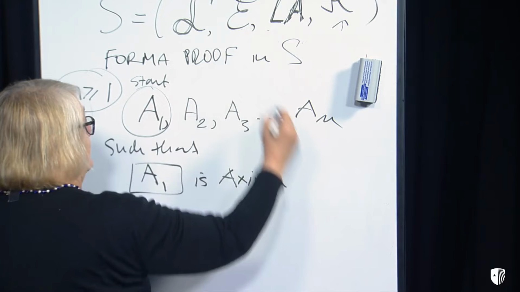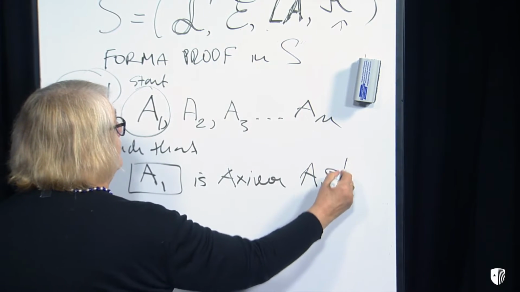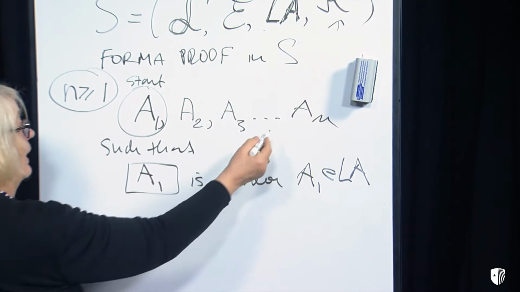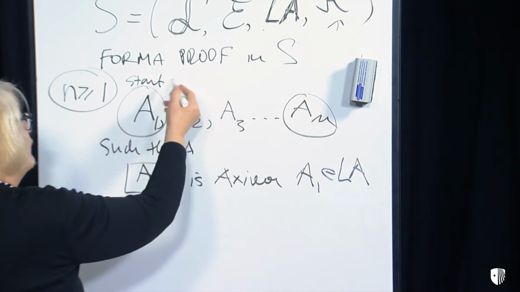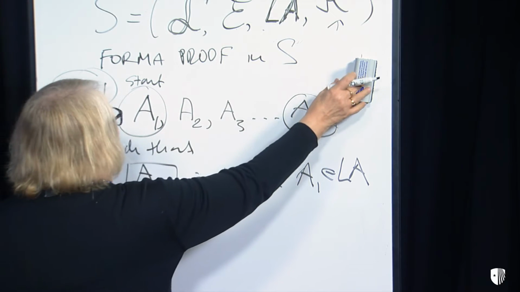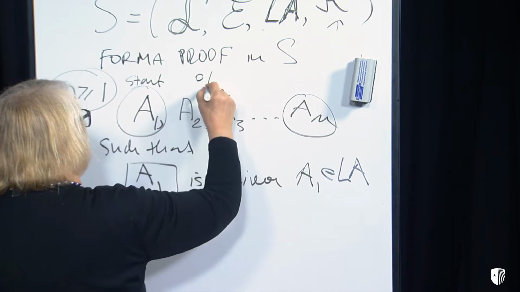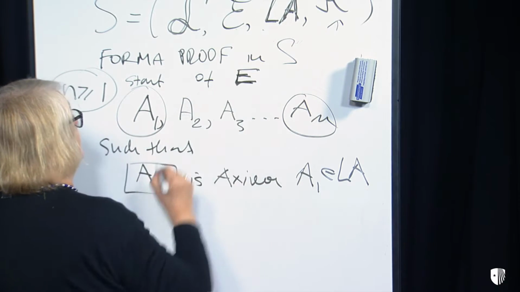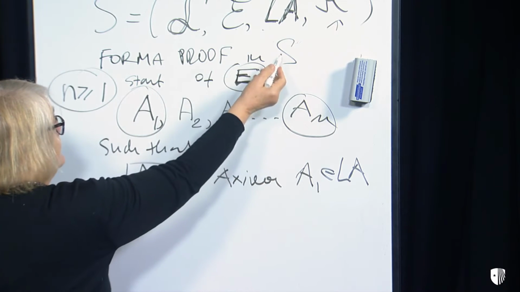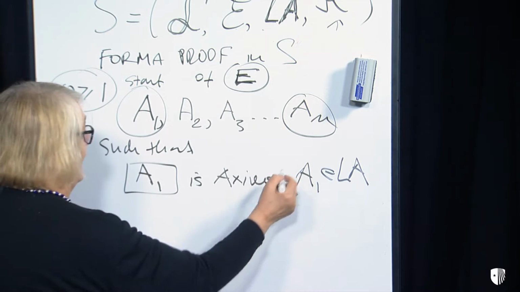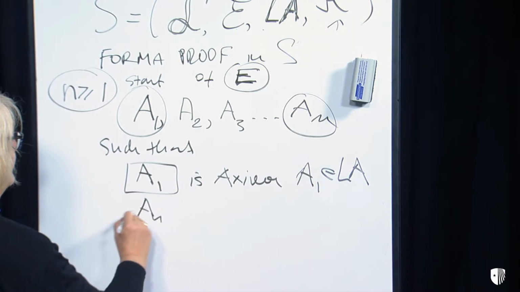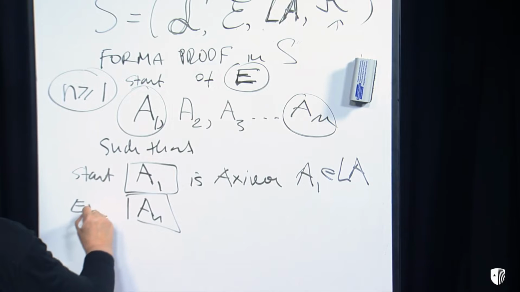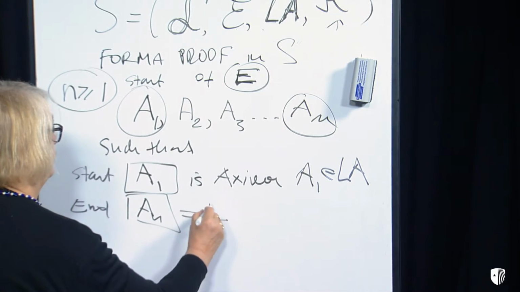It means A1 belongs to our chosen set of axioms. Now, we prove something. So a formal proof in S of a certain expression E, because we prove E in a system S. So the last one, AN, is what we prove.